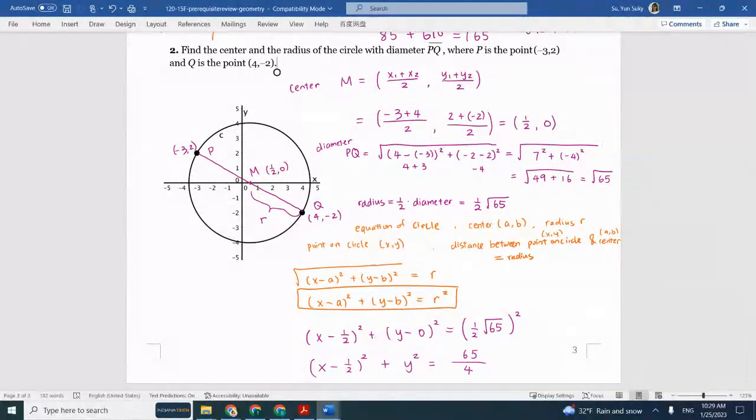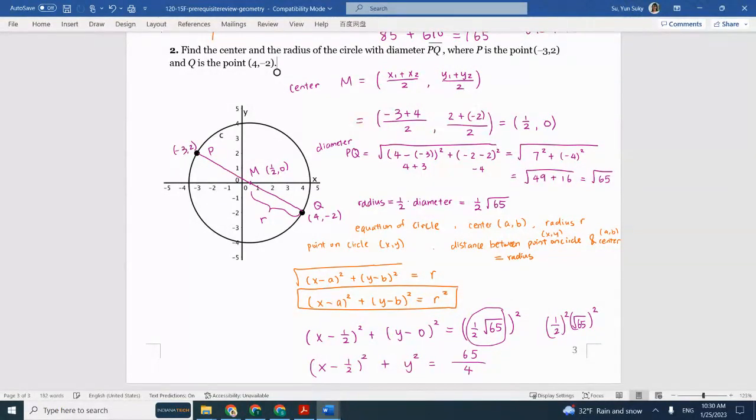Okay, so yes, let me see. Do you have a question? Yeah. Can you please repeat how you get 65/4? Sure. So we have the radius, 1/2 times the square root of 65. We square it. Therefore, we have 1/2 squared and the square root of 65 squared.